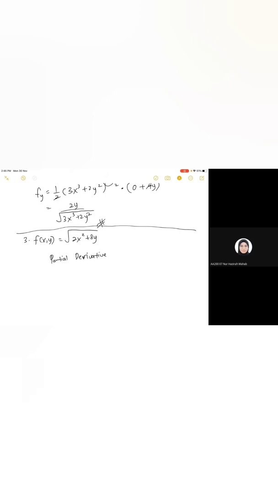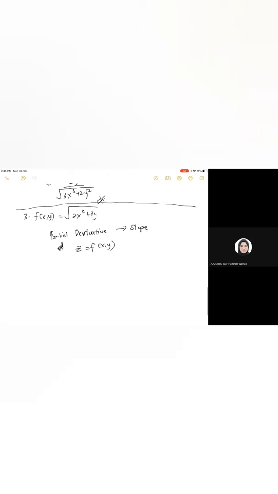Derivative means slope. Okay, so bila partial derivative, if I have, let's say z equals to f(x,y), then I want to differentiate dz over dx. This is what I call slope of z in the x direction.